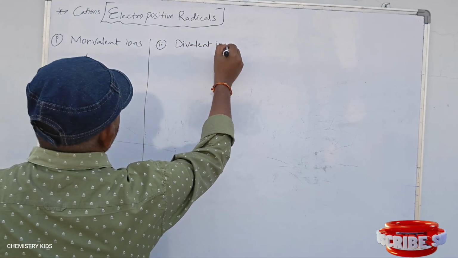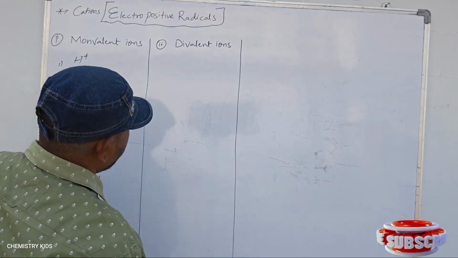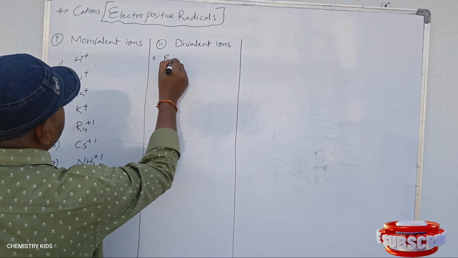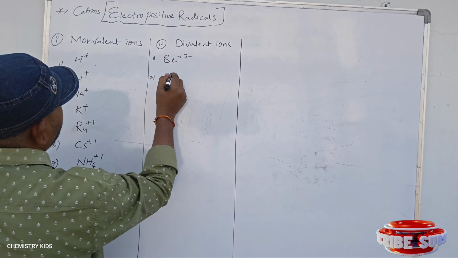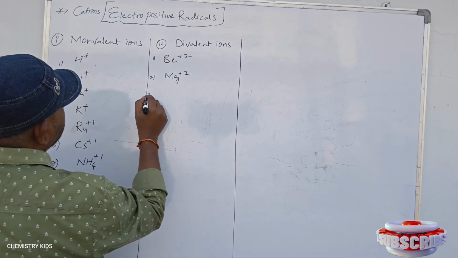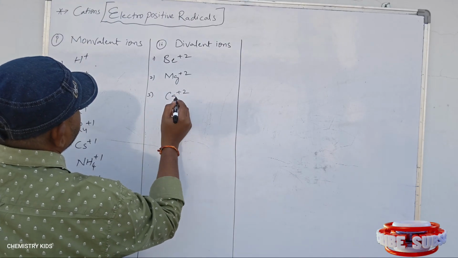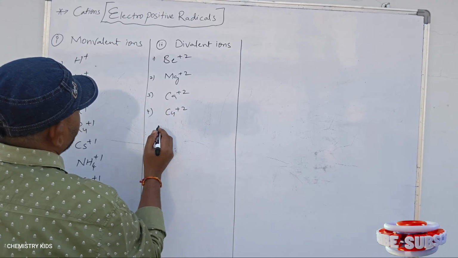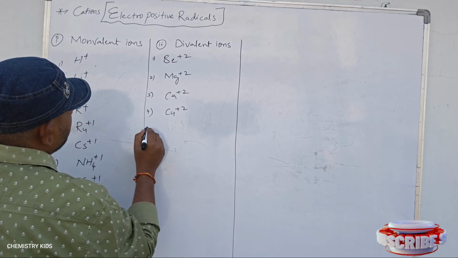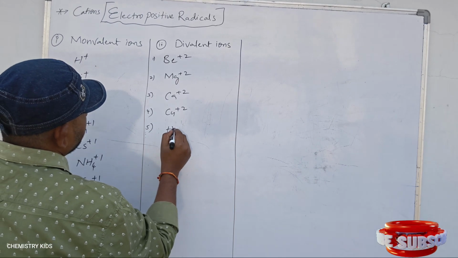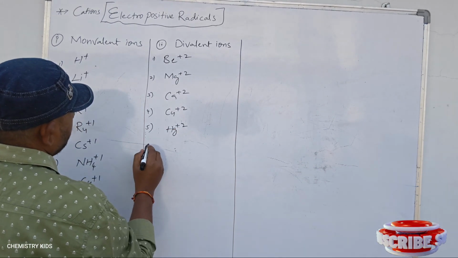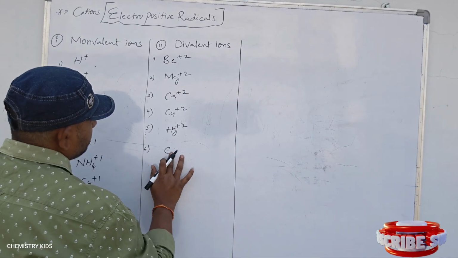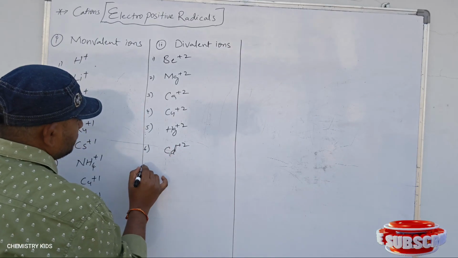The second type is divalent ions. What are the divalent ions? The first is beryllium plus 2 and magnesium plus 2. Next, calcium plus 2, and the fourth, cupric plus 2, and mercuric. Next, cadmium plus 2.